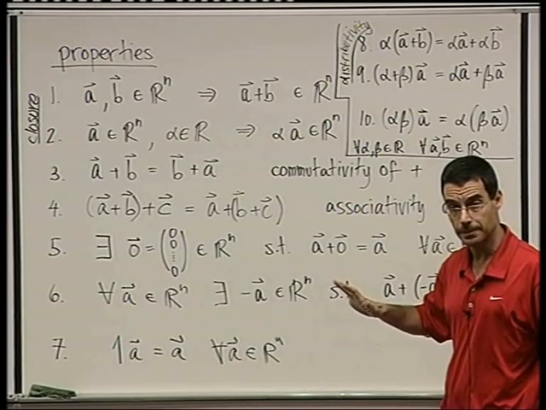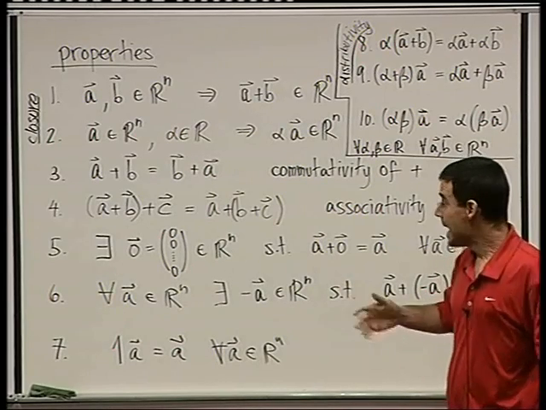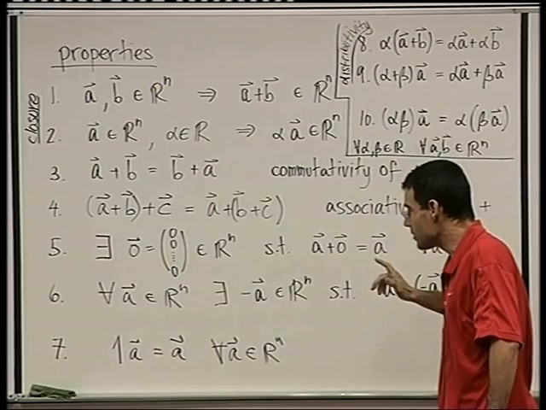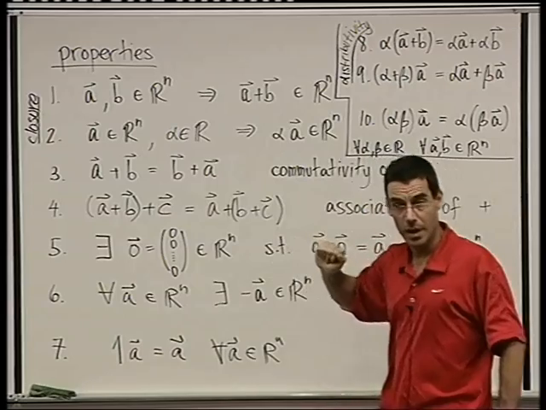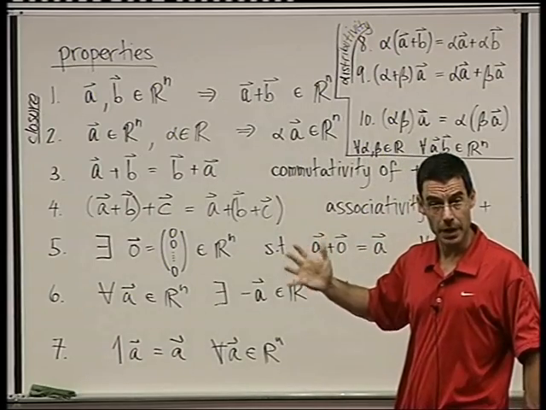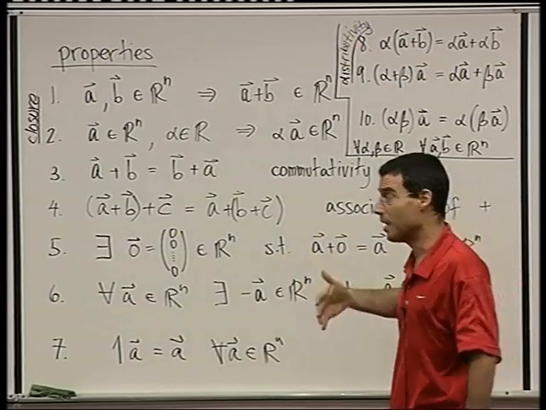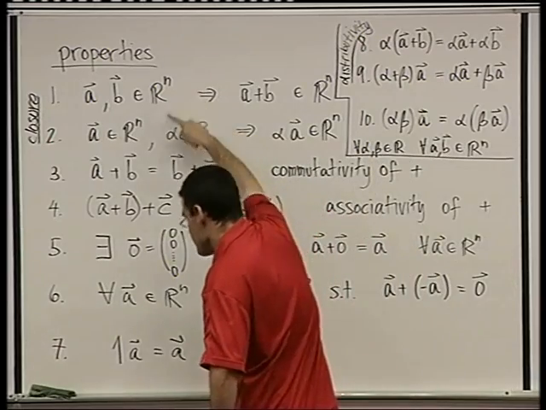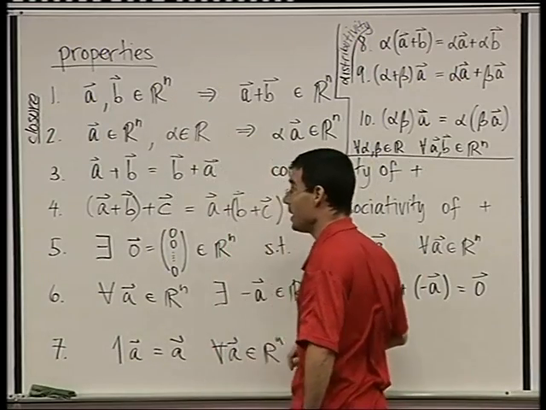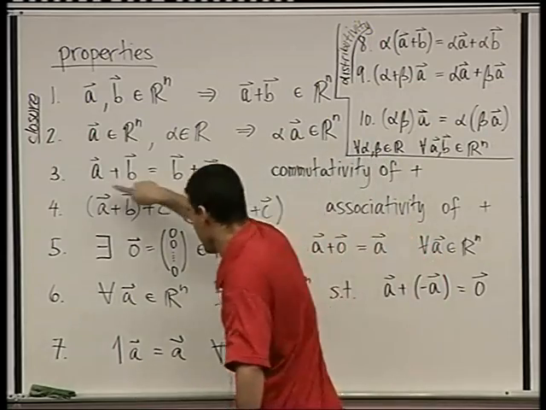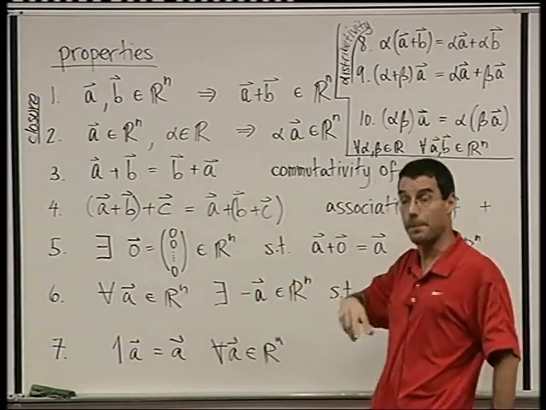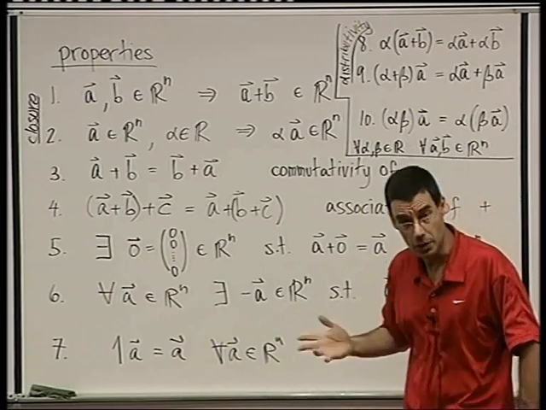Do you see that? Right? And in fact, they're precisely the 5 properties of what we called a group. A group is a set of elements that satisfies precisely properties 1 through 5, not necessarily with 3. If it satisfies 3, then it's what we called an abelian group or a commutative group.